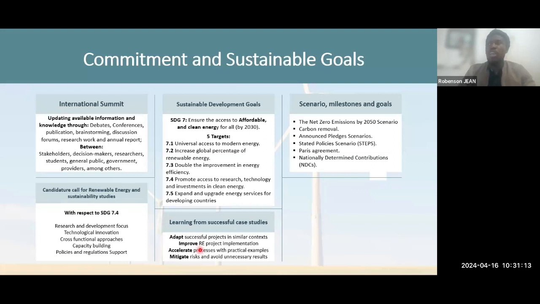And also we have the opportunity to improve renewable energy project implementation, like through lessons learned and best practices, we can improve the process of implementation.